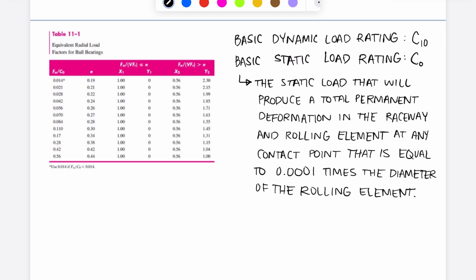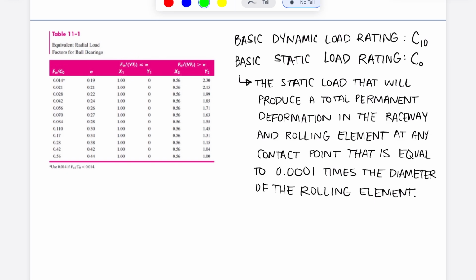Okay, and with this basic static load rating and the axial load that we desire for our bearing to be able to withstand, we can calculate this ratio of Fa over C0. And once we do that, we can find the value of e that we need to use to compare to Fa over VFr.